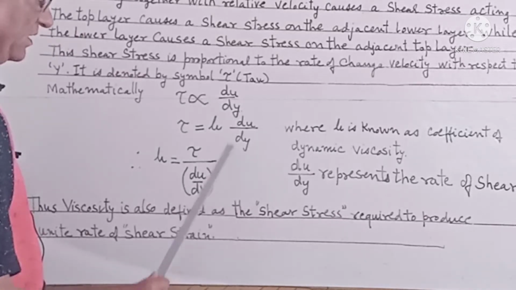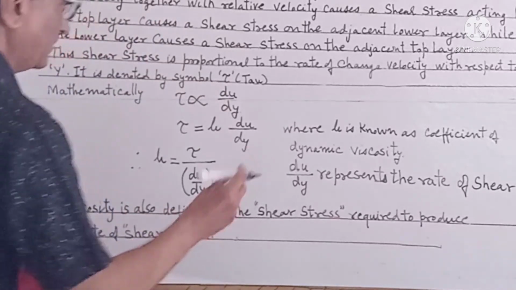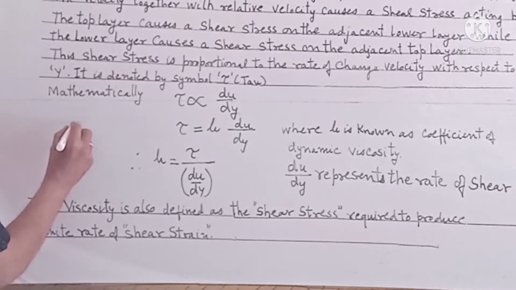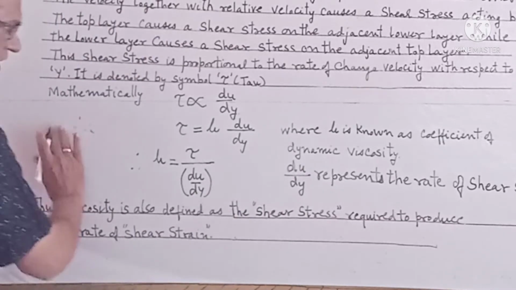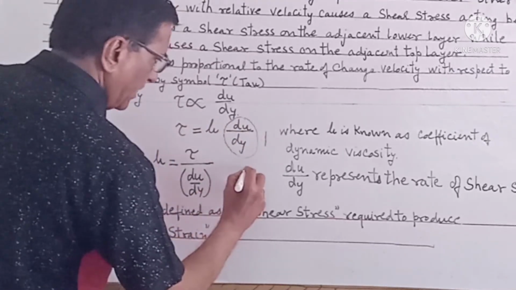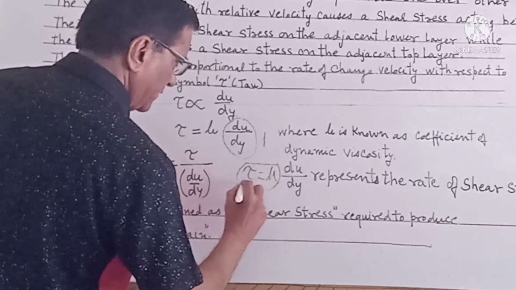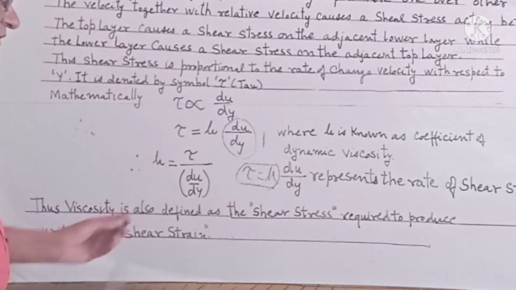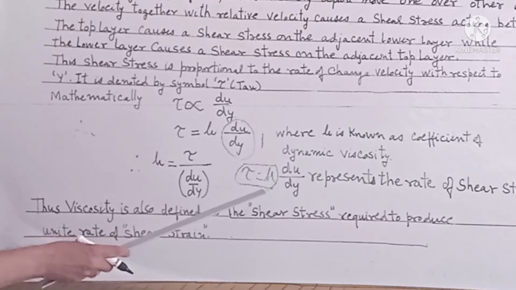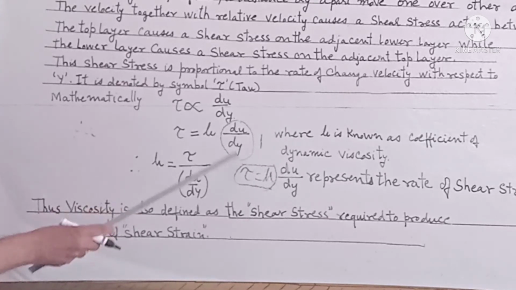Here, if du upon dy is 1, then tau is equal to mu. So the viscosity, coefficient of viscosity or viscosity may be defined as the amount of shear stress to produce unit rate of angular deformation.